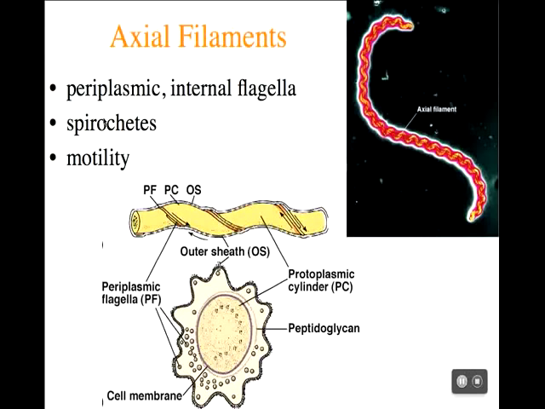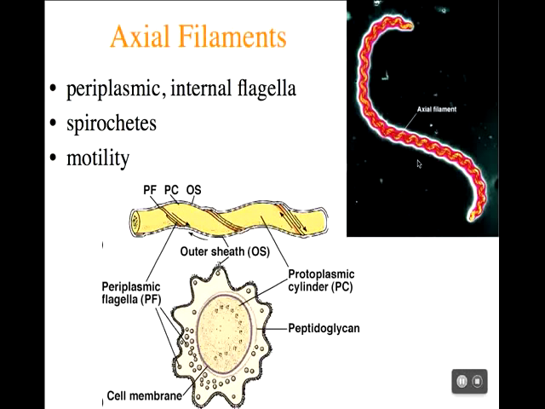Because their flagella are wrapped around them, as they rotate their flagella counterclockwise to move the cell, they're actually putting pressure on the shape of the cell, and the cell is constantly changing shape and corkscrewing as it moves through the media. They're highly flexible in that way. Only organisms that have this are spirochetes.